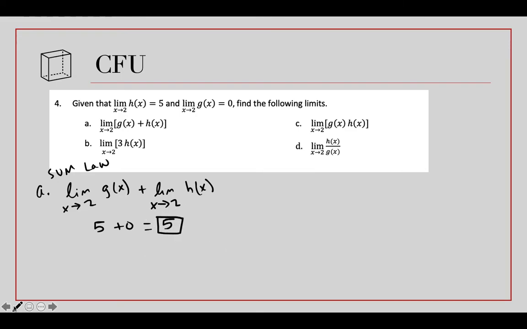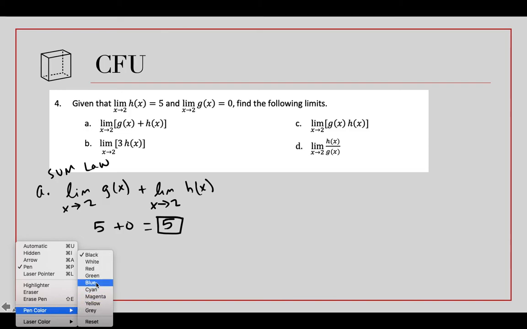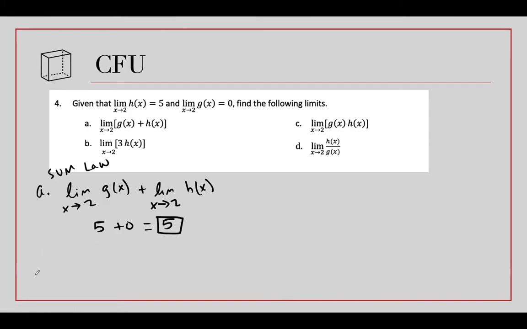Okay, awesome. Let's do a different color now. Let's do B. So the limit as x approaches 2 of 3 times h of x. Okay, so I know this is my constant multiple law, which tells me I can pull out that 3.